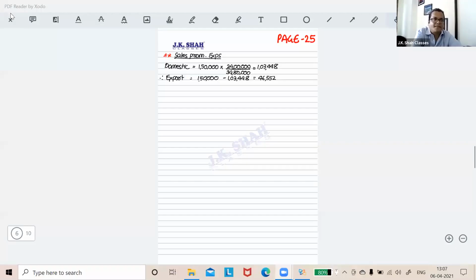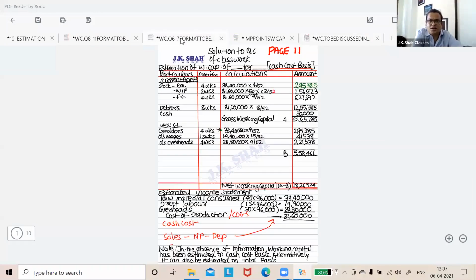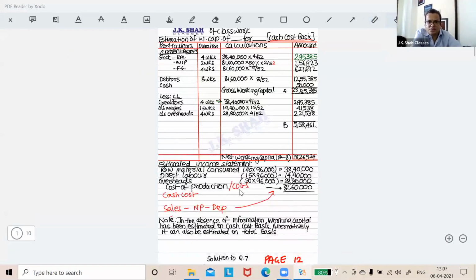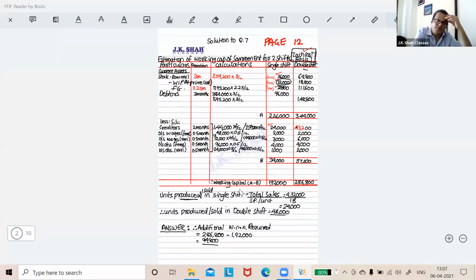Pavitra, what does she want? Question number 7. Where is Pavitra? Question number 7. Which one, dear? Classwork or homework? Classwork. Question 7. Take the screenshot, Pavitra, and then I will show you the next page.